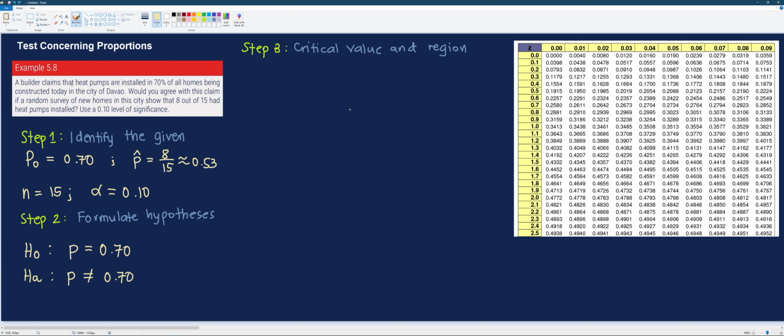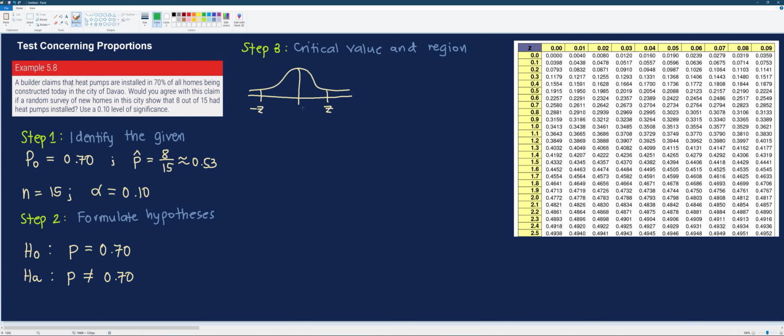Next, we identify the critical value using the z-table. Since we set our alpha to 0.10 and we have a non-directional alternative hypothesis, we want to know the associated z-score of the middle 90% of our distribution. Illustrating this in our normal distribution curve, it looks like this. We have here the negative z, and we also have here the positive z.